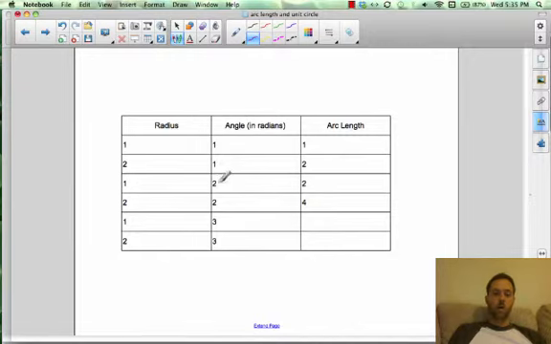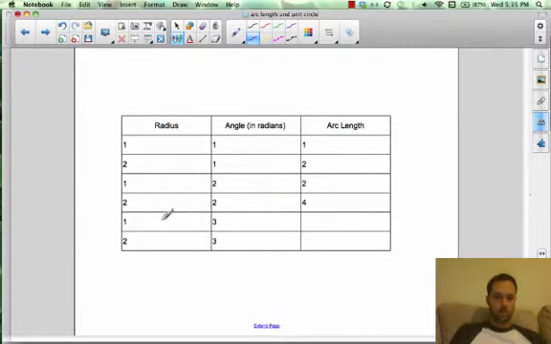If our radius is 1 and our angle is 2 radians, now we multiply these two again and we get a larger arc length. And we can keep going. A radius of 2 and an angle of 2 radians will give us an arc length of 4. So take a second, pause the video, see if you can fill out the last two squares right here, and then start up the video and I'll go through the answer with you.